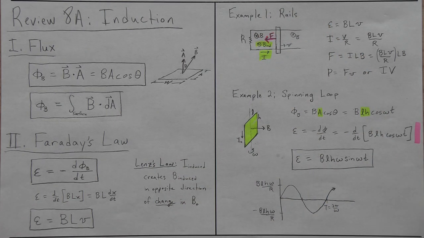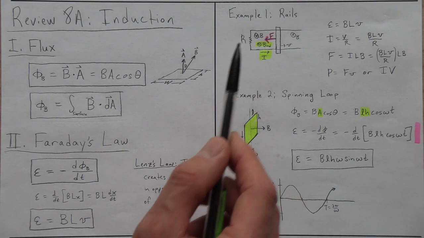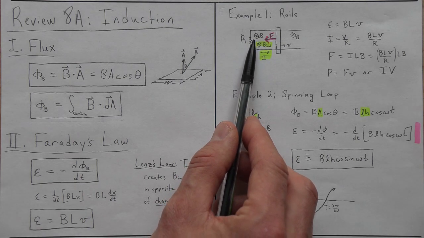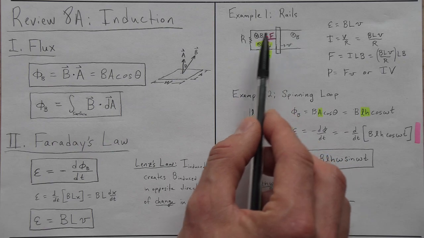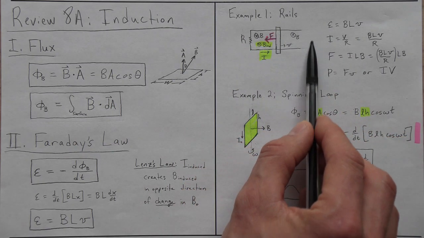Maybe this is like the magnetic field of the Earth, as you remember from the magnetic field lab that we did back when we were in school. The magnetic field in New York State, most of it actually points into the ground. There's a smaller component pointing to the north direction, but most of it goes into the ground. So maybe I've got a couple rails along the ground with a resistor, and I'm just sliding a bar, and this is the Earth's magnetic field everywhere.